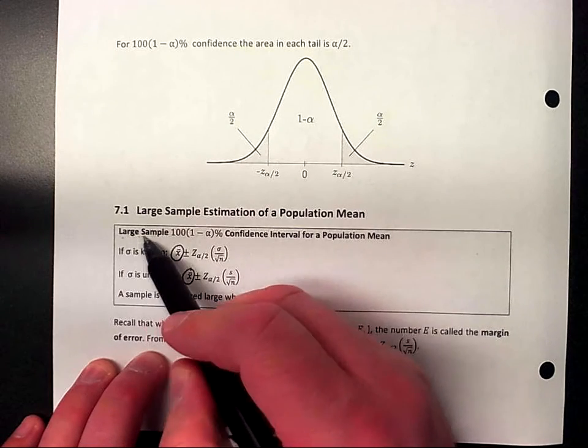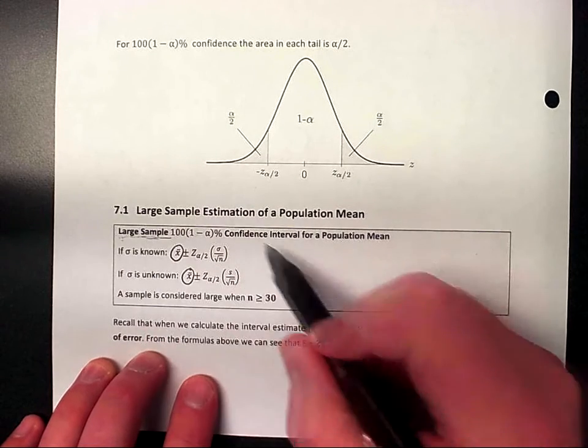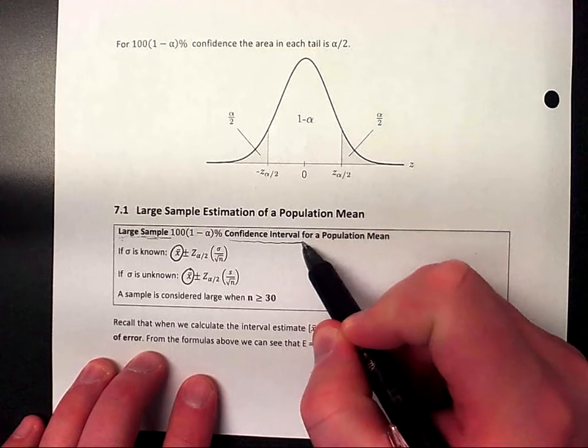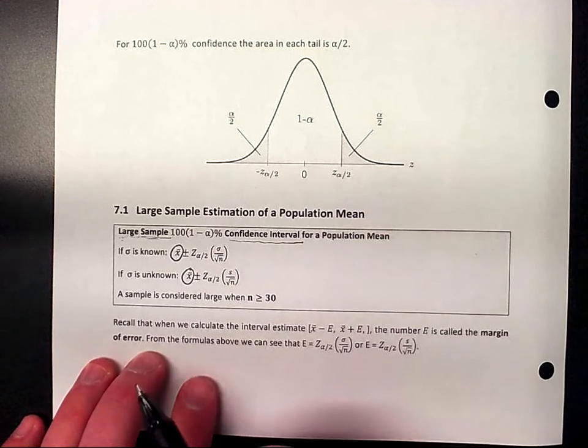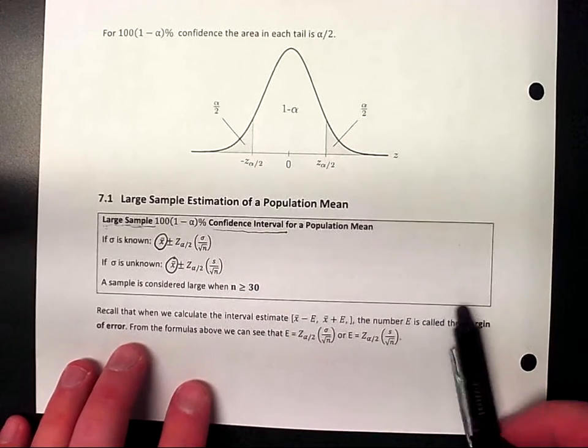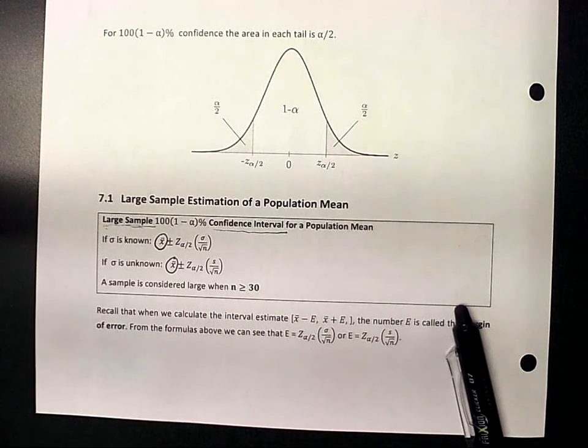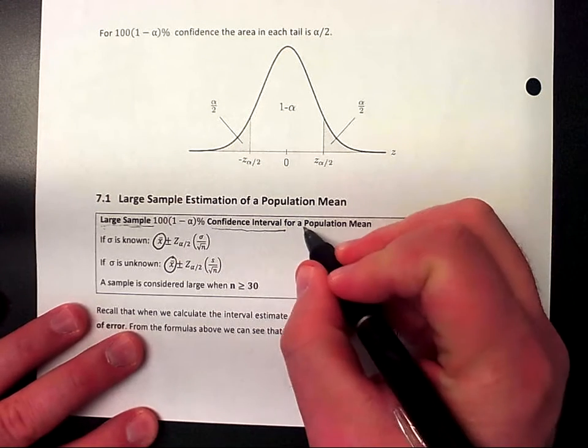It's saying that if we have a large sample, then our confidence interval for the population mean is going to be given to us by this right here. So let's talk about that here real quick. First off, the vast majority of stuff that we're going to do in this class is only going to be to try to estimate the population mean.